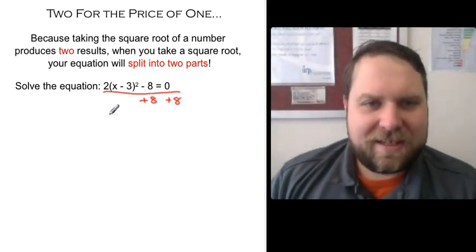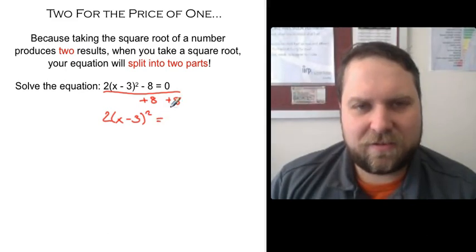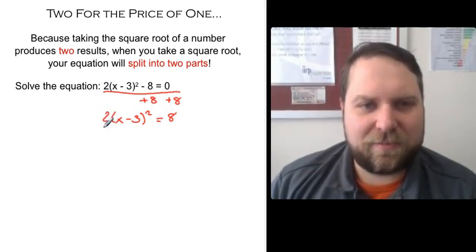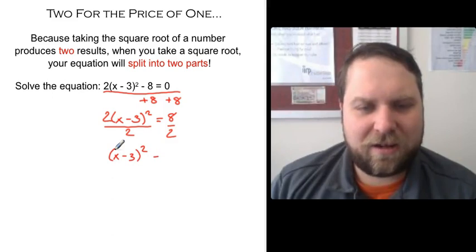Now I've undone that subtracting 8, so I would get 2 times (x minus 3) squared equals, well, 0 plus 8 is 8. Now I need to undo multiplying by 2, and to do that I would divide by 2, and so here I would get (x minus 3) squared equals 4.